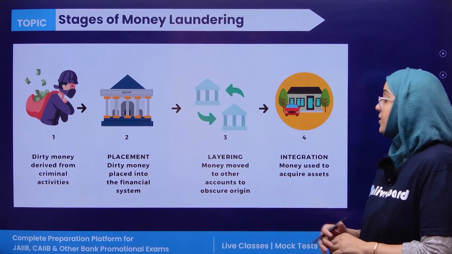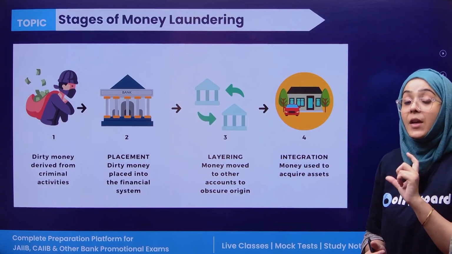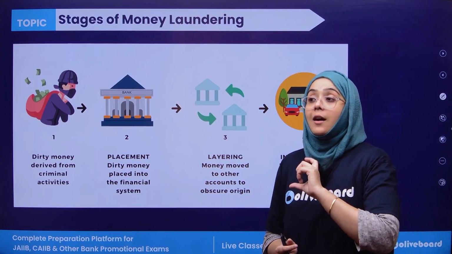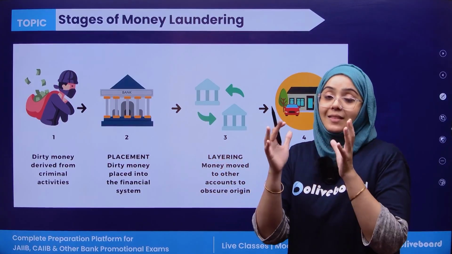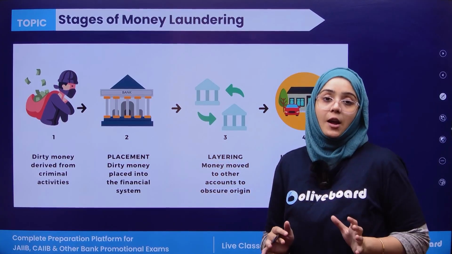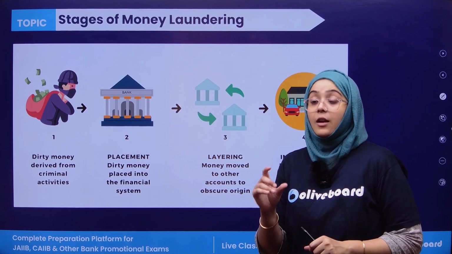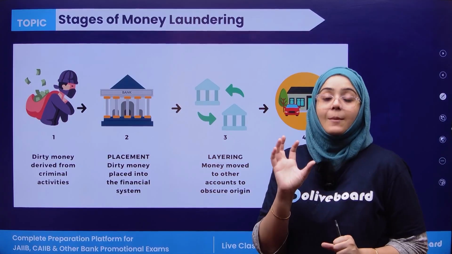Now the second step is layering. The funds in these accounts, which were kept in placement, are then layered and moved to different accounts. Why? So as to hide the source from where the money was earned.